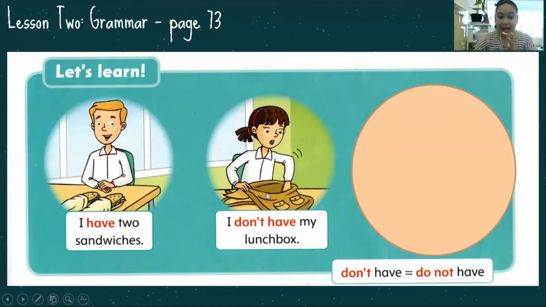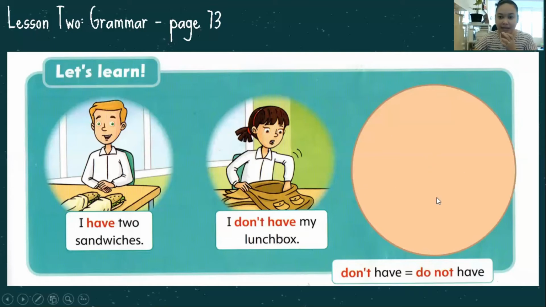So that's why it's I don't have. Here, Tim has 2 sandwiches. So we use I have. I have 2 sandwiches. And here, Rosie doesn't have a lunchbox. So we use I don't have my lunchbox.